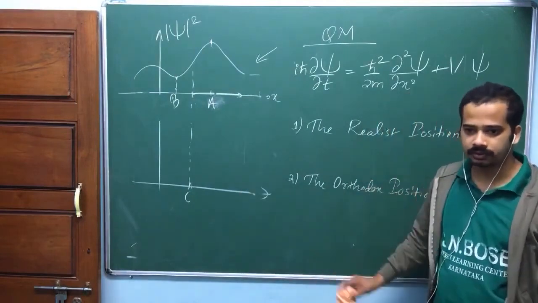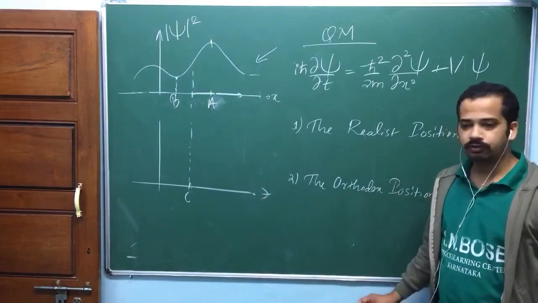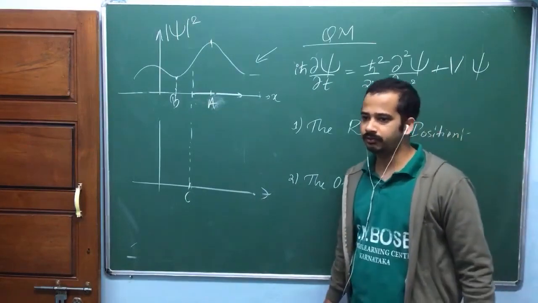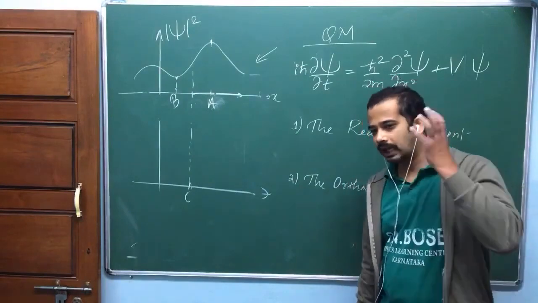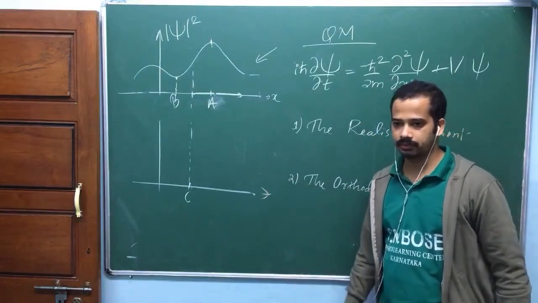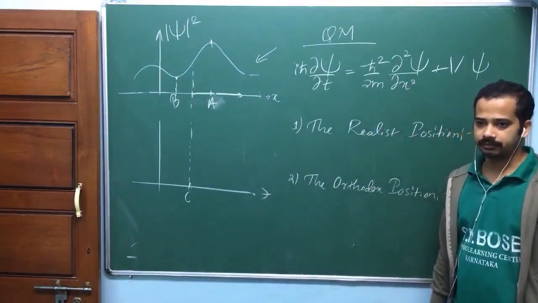Before that, it was not there anywhere, or you better say it did not have any specified position. Our classical thinking instructs us to ask this question, where was the particle before? Are you getting my point?